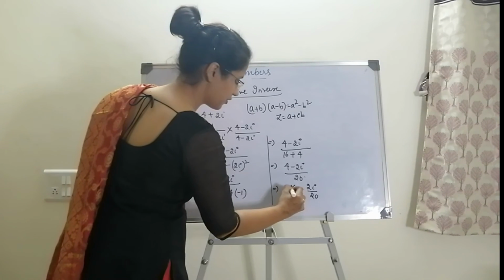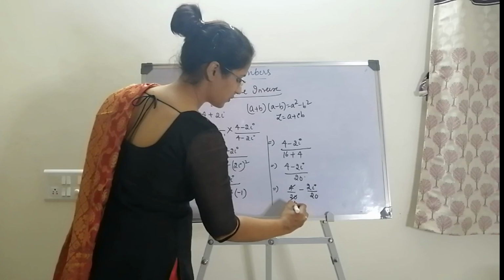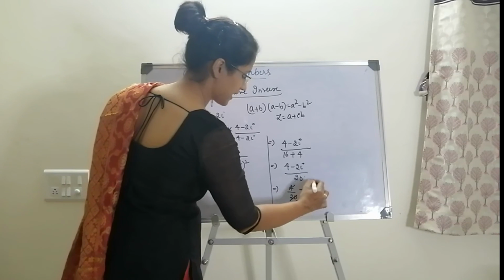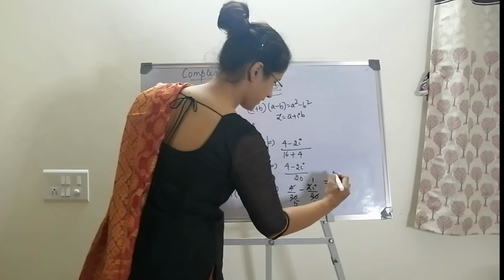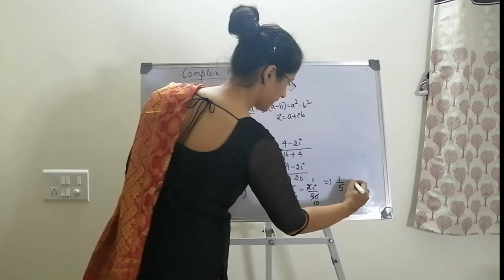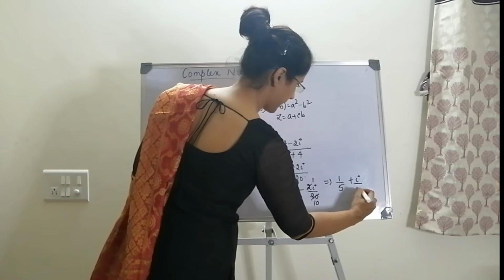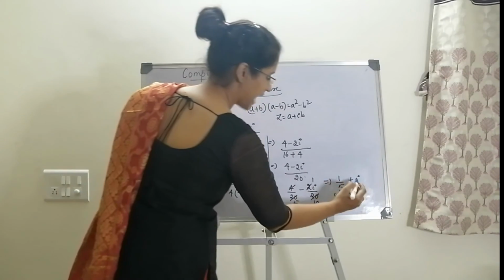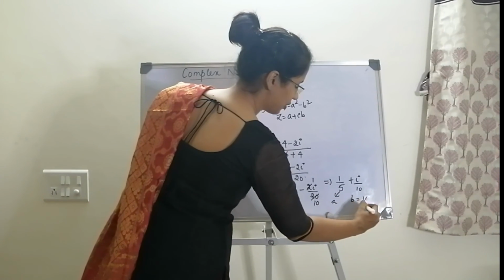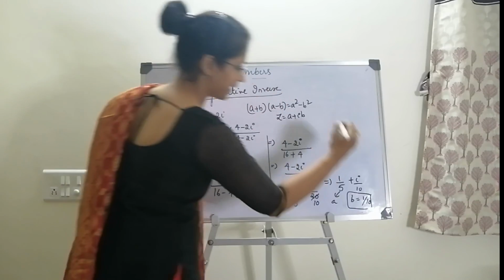Yes. So this cancels 5 times, this cancels once, this cancels 10 times. So I get my final value as 1 by 5 plus i divided by 10, where my A value is 1 by 5 and B value is equal to 1 divided by 10.